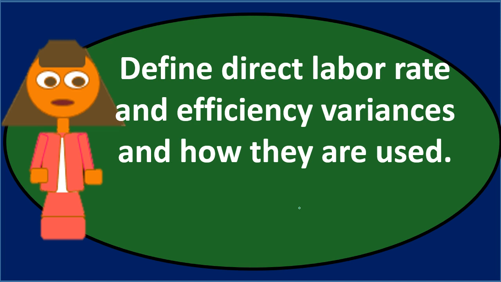You also might want to mention what the standard kind of result you would think would be. In other words, if you had more high-quality labor, you would think that you would pay more for higher quality labor, and therefore you might have an unfavorable difference in terms of the rate if you paid more for the quality labor.